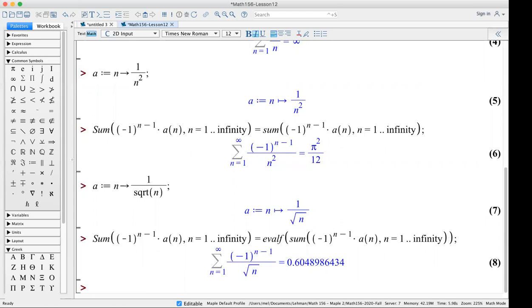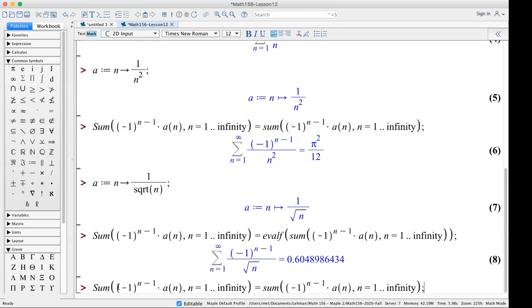Now, what is the partial sum of the series? That's sort of interesting. Suppose I take the series not from 1 to infinity, but just the first capital N terms. Let's say let N be equal to 10.